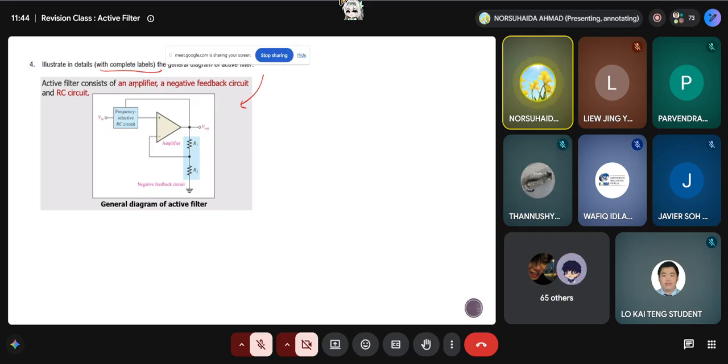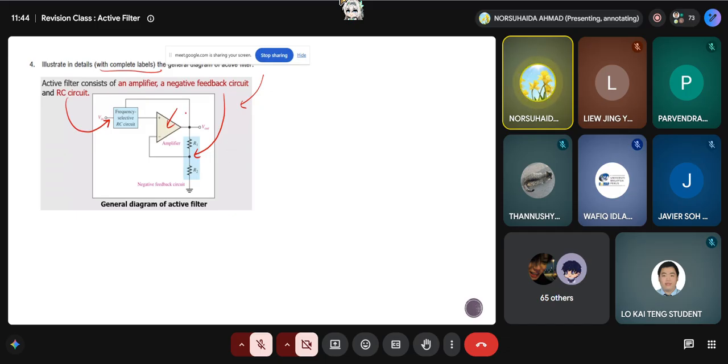We do have the amplifier. This is the amplifier. Then we have the negative feedback circuit. This is the negative feedback circuit. And then we also have the RC circuit. So basically this is the general diagram for active filter.